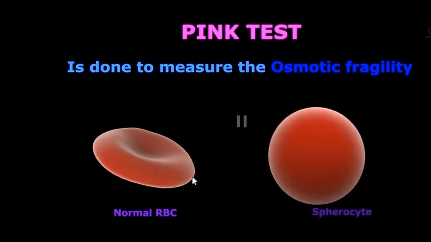Basically the spherocytes are more osmotically fragile in hypotonic solution. So we put the RBCs in the hypotonic solution, and they are easily osmotically fragile and get easily hemolyzed. So this is the principle of the osmotic fragility test. So this finishes our hereditary spherocytosis part.